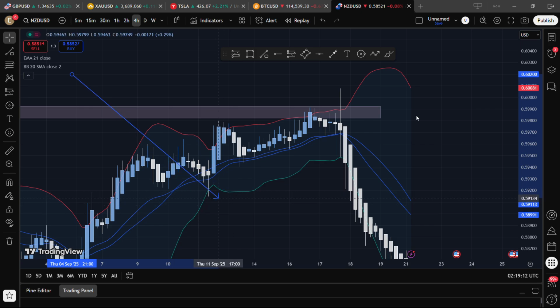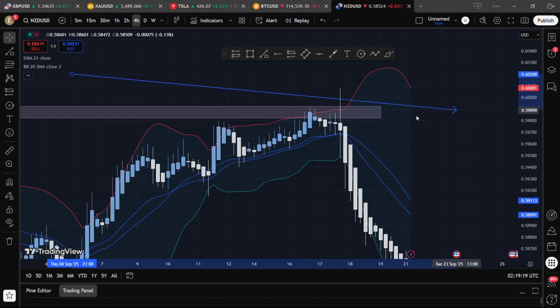When it goes below, it indicates a buy signal. So price also went above the upper band, indicating the sell signal. So we're having about three signals, which is the Bollinger Bands, the EMA, and the candlestick, aside the resistance line, indicating that we can sell this market.